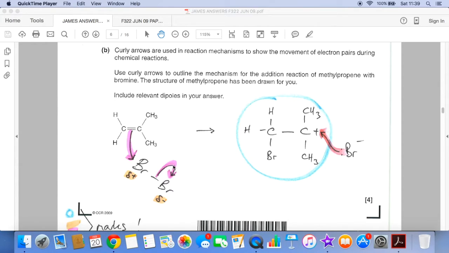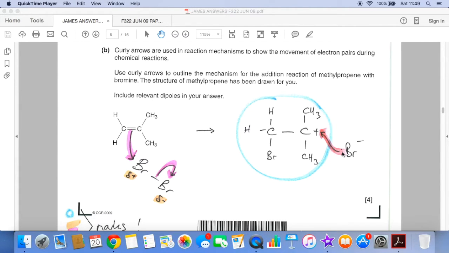That will repel this pair of electrons completely onto this bromine and effectively break that bond by heterolytic fission. And the carbocation intermediate that's formed would look like this.